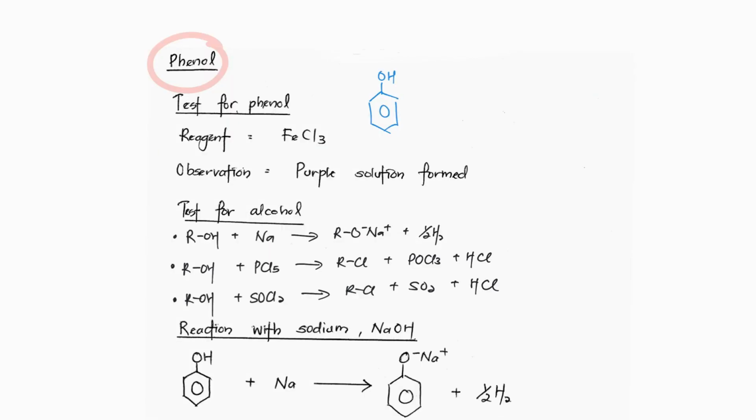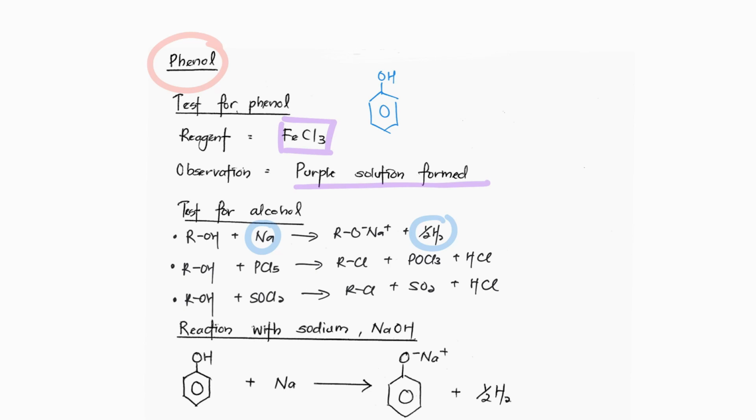Next, we will go into the test of phenol. When phenol reacts with FeCl3, a purple solution is formed. The test for phenol and alcohol will not be the same. Alcohol reacts with sodium to give hydrogen gas, and the observation will be effervescence, and the hydrogen gas released will give a pop sound with a lighted wooden splinter.